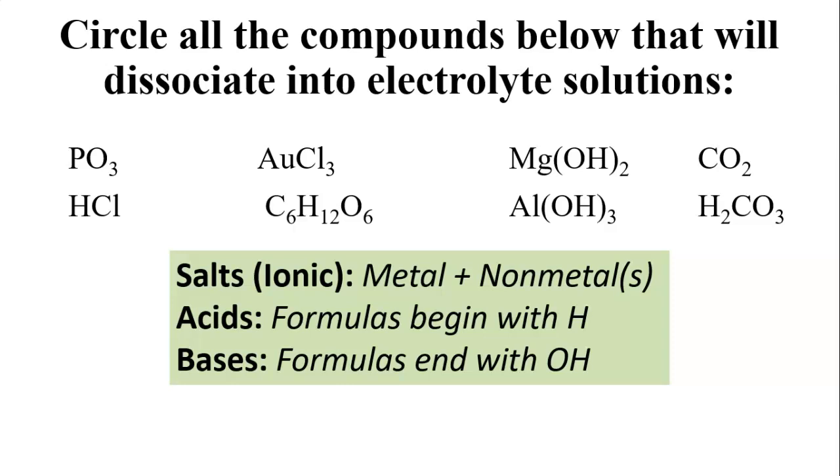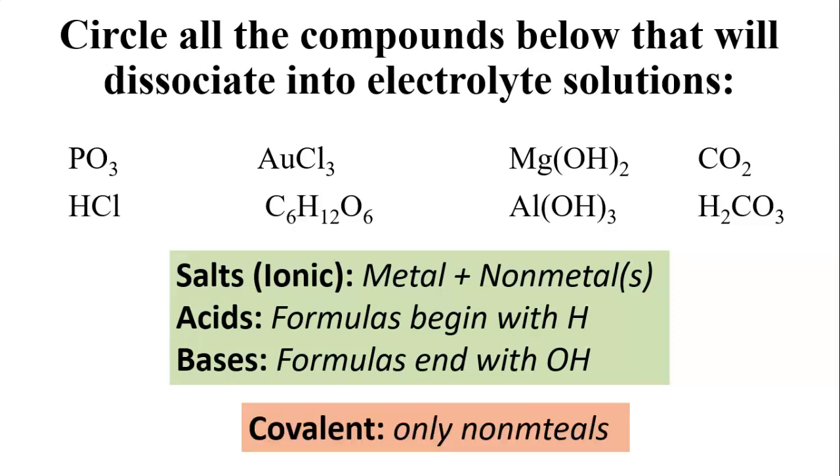We are not going to circle anything that's only nonmetals because it's covalent and not an electrolyte. If we look at this first one, PO3, P and O are both nonmetals, which means that is covalent and is not an electrolyte.